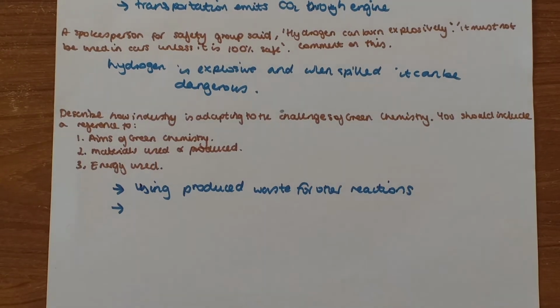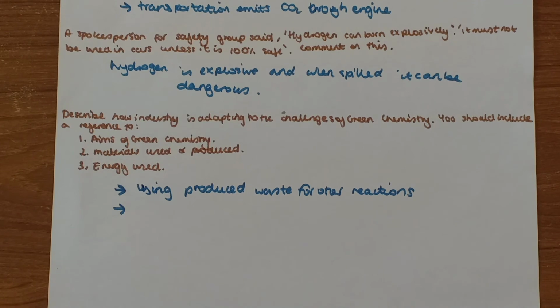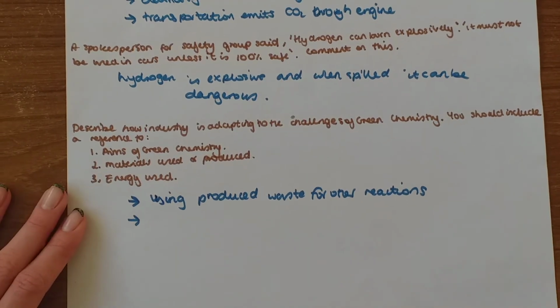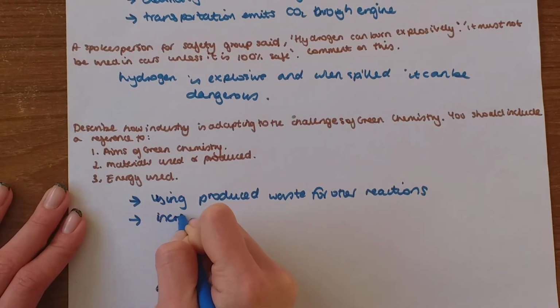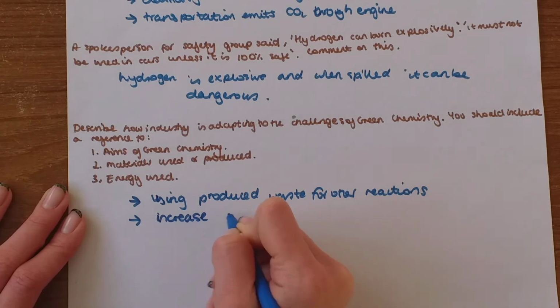So if they have to produce something, they will try to do it as fast as they can and with the least amount of other products that are not needed. So that basically means increasing atom economy.